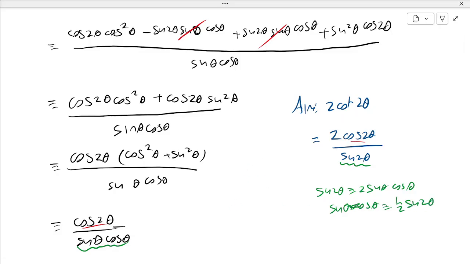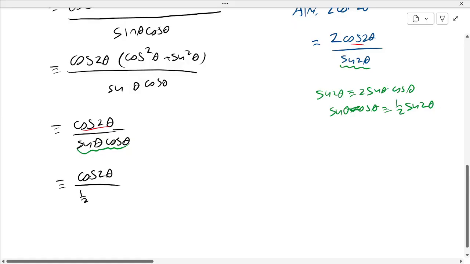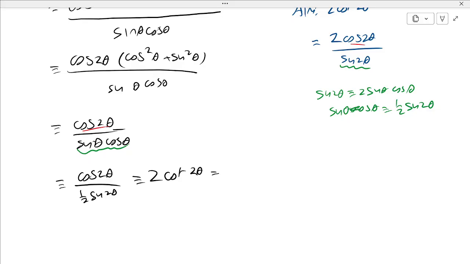And I can see this is the right thing to do because it links together what I have and what I'm going for. So let's just fill that in. Cos 2 theta over 1/2 sine 2 theta. And if you divide by the half, you get 2 cot 2 theta, which is the right-hand side. And I'm done.